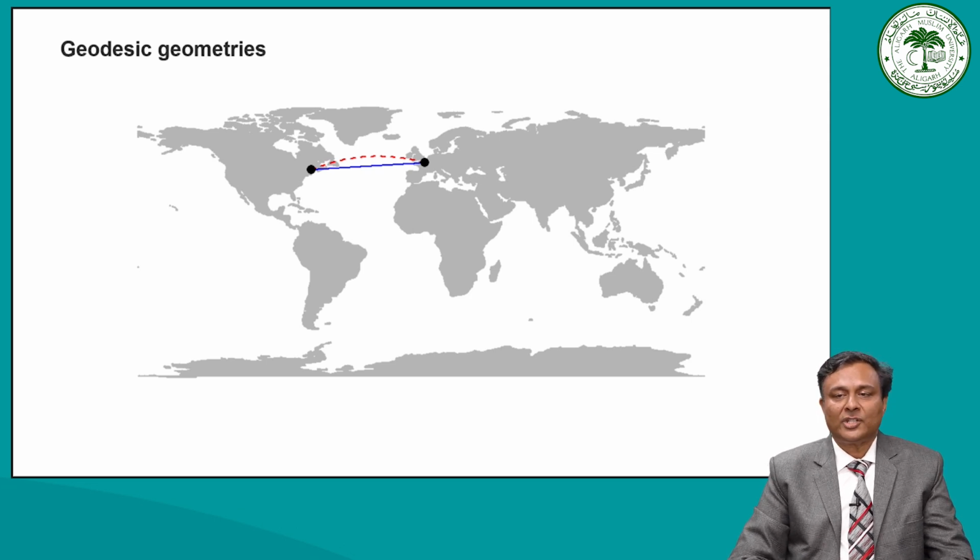The distance is measured between 2 points located on the two sides of the Atlantic Ocean in this map. The blue line represents the shortest distance between the 2 points on a planar coordinate system, whereas the red dashed line represents the shortest distance between the 2 points as measured on the spheroid.